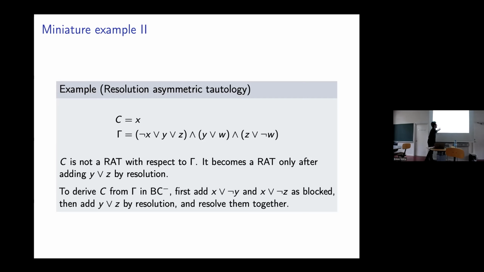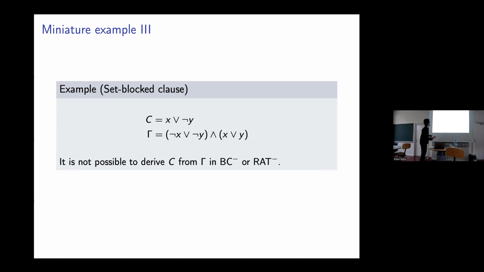You got x. But you weren't still able to add x as a blocked clause. You first had to add some longer clauses, and then you have to do some resolutions. And this way you can maybe generalize this idea to convert a RAT proof into a BC proof, although there's no guarantee right now that the proof will be small after this translation. And here we have the more complicated definition. This is actually vacuously set blocked.